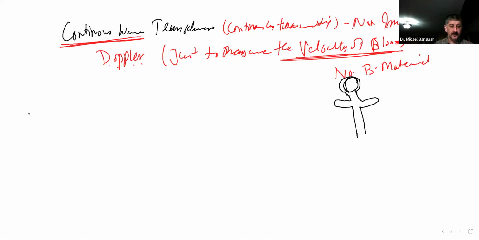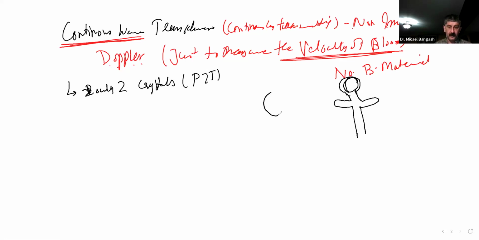The important part is, firstly, there is no backing material, but this transducer has only two crystals, or PZTs as we may call them.